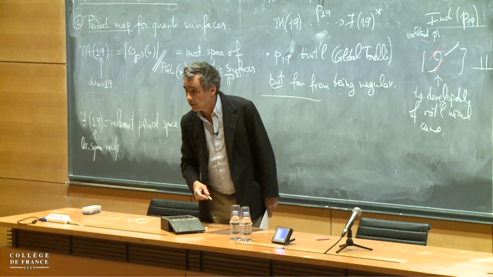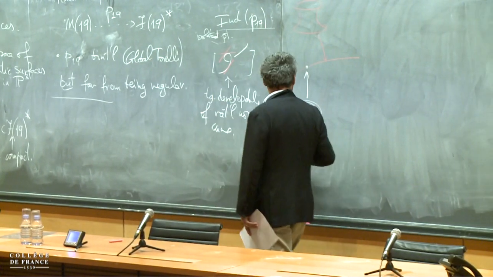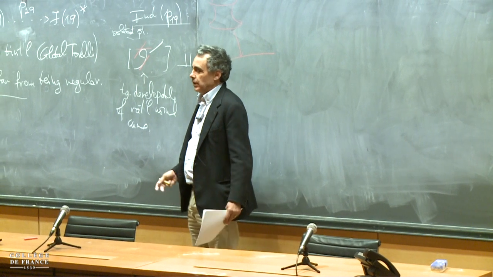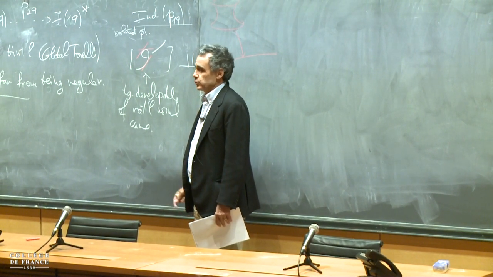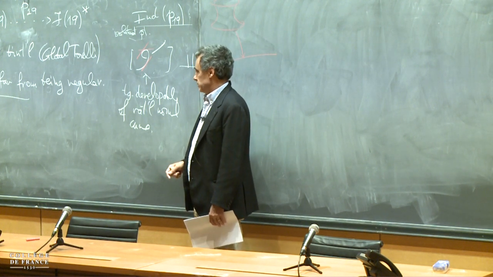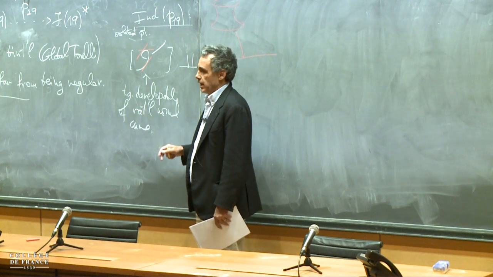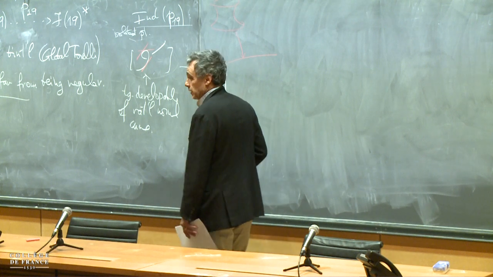Pardon? Well, I guess. You mean this one? Well, it comes out of the analysis of GIT semi-stability, which was done by Shah at the beginning of the 80s. So 35 years ago, Shah analyzed stability for degree 2 K3s and degree 4 K3s.